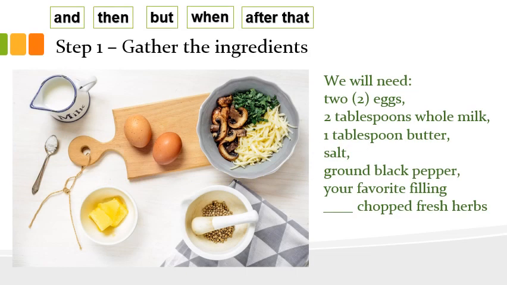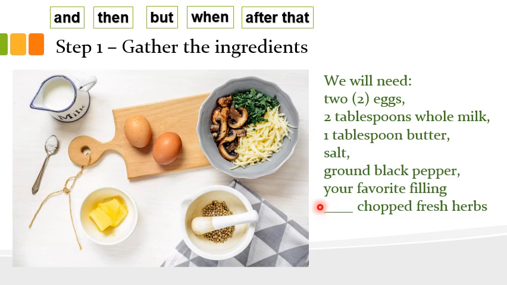Okay. Step 1 is to gather the ingredients. We will need 2 eggs, 2 tablespoons whole milk, 1 tablespoon butter, salt, ground black pepper, your favorite filling, and chopped fresh herbs.